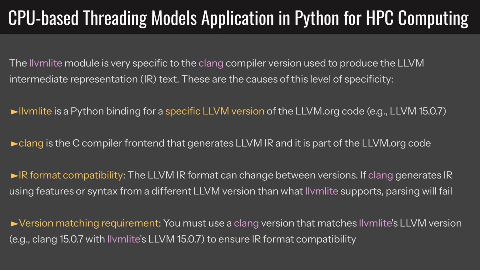The LLVM IR format can change between LLVM.org versions. If Clang generates IR using features or syntax from a different LLVM version than what LLVM-Lite supports, parsing will fail. Therefore, you must use a Clang version that matches LLVM-Lite's LLVM version to ensure IR format compatibility.